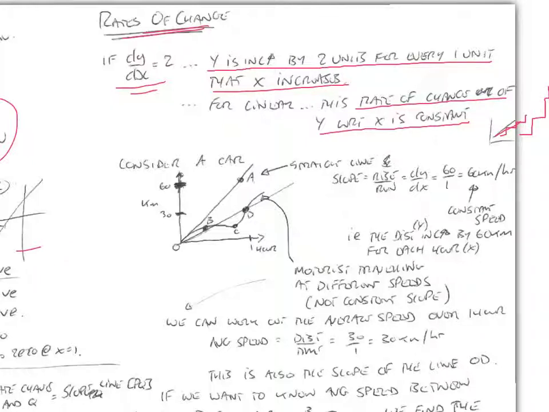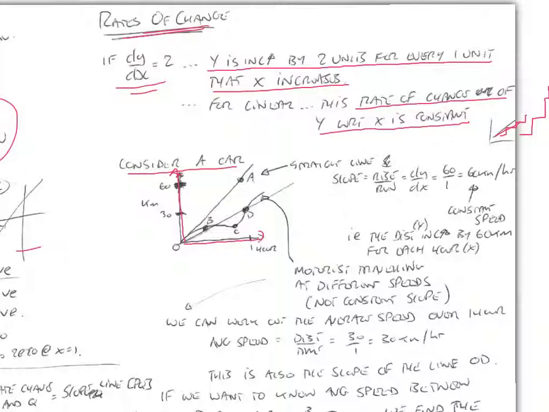Okay, so let's consider a car, and let's have time going this way and distance that way. Let's say the car travels 60 kilometers at constant speed in 1 hour.